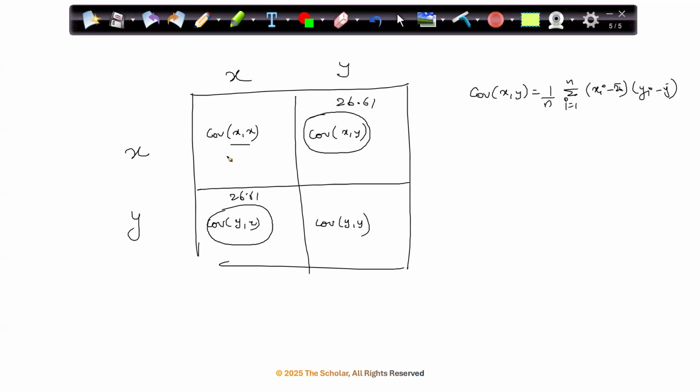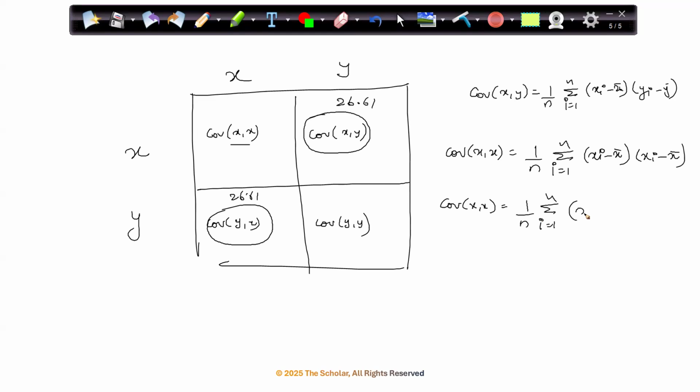Let me go to this guy. Covariance of X comma X: 1 upon n summation of i is equal to 1 to n, xi minus x bar into xi minus x bar. What is this formula? You already know this formula. Can you tell me what is this formula? Covariance of X comma X is 1 upon n summation of i is equal to 1 to n, xi minus x bar whole square.